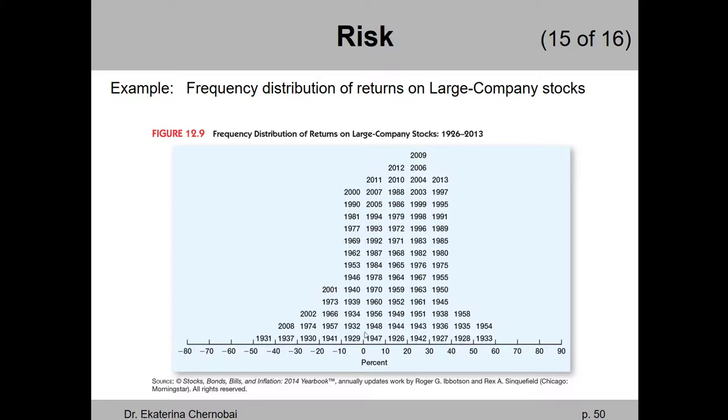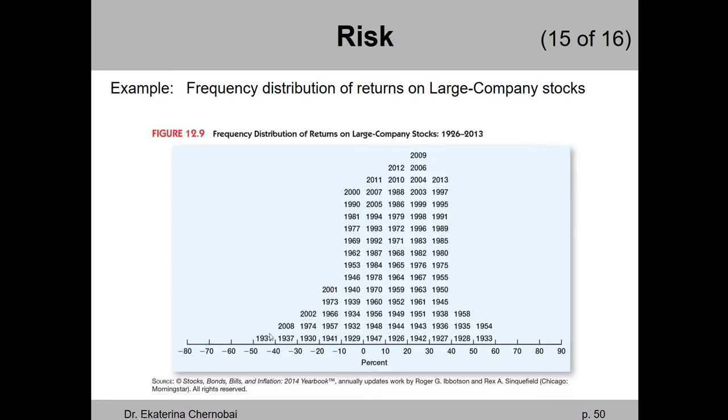Different returns occurred in different years. Some returns were more popular, like the tallest column, which is for the return between 20% and 30% in 1 year. That's where we have the most years in which it occurred. So we increase the height of the columns for the returns which were more common.